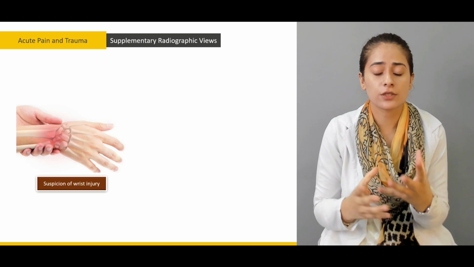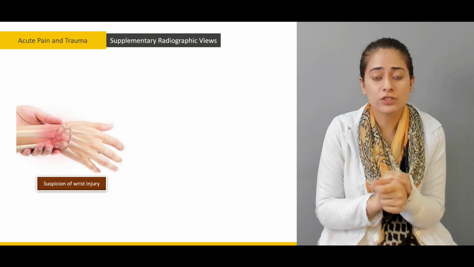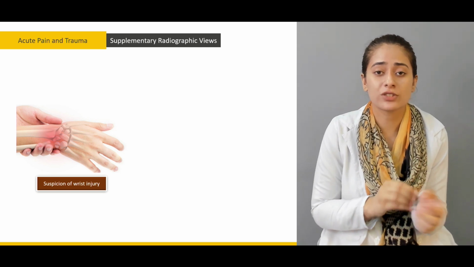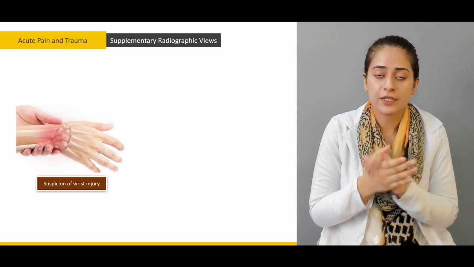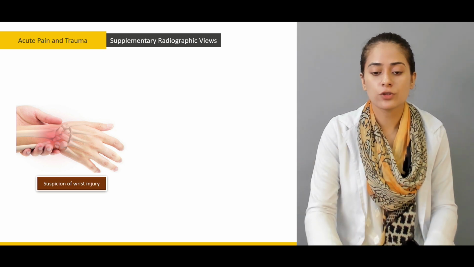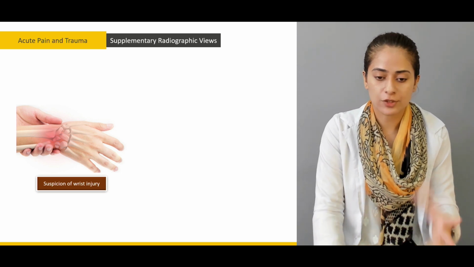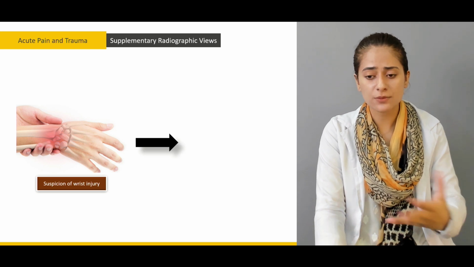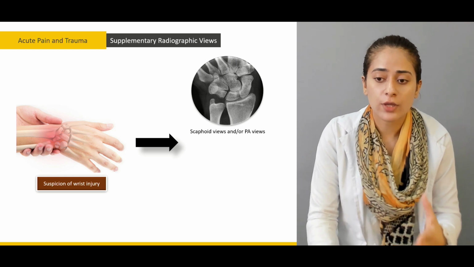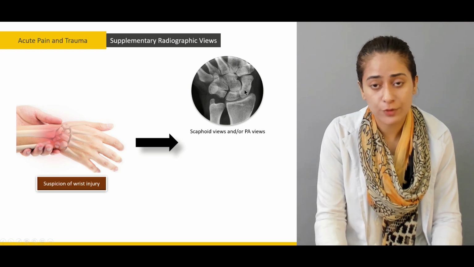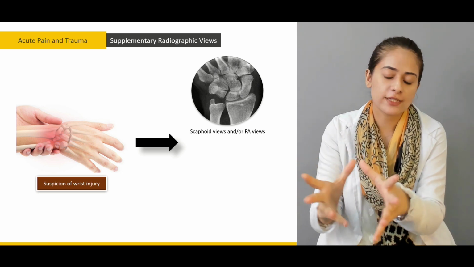Because of the very close proximity of all the bones in the wrist, the 8 carpal bones and the radius and ulna are sometimes overlapping in almost every view. So we ask for special views in certain conditions. Two special views: first is the scaphoid view, to visualize the scaphoid bone.